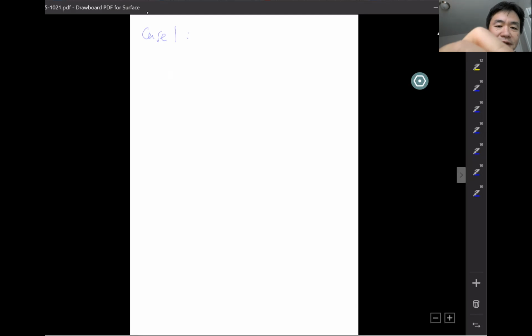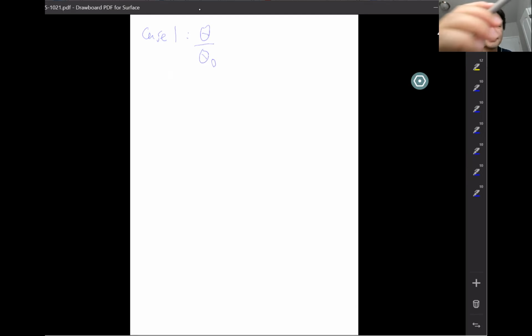So case 1, theta over theta 0. What is theta 0? Let me write it one more time. Theta means T minus T infinity, the ambient temperature, the relative temperature.